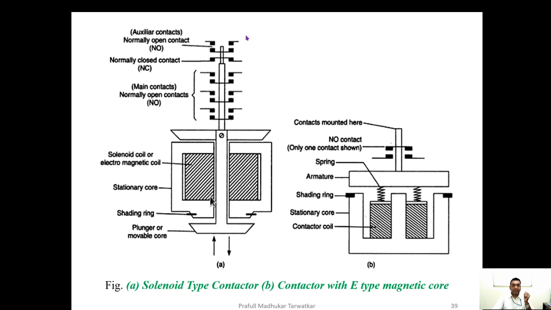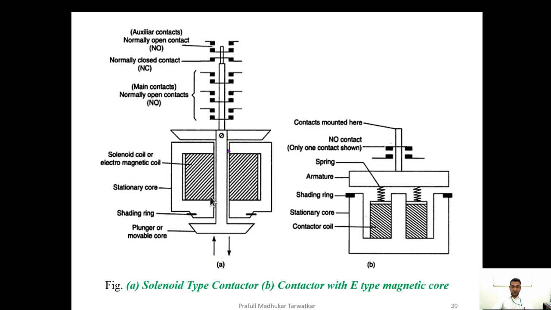Let us see. These are the contacts which you can see here. These are the moving contacts and these are the fixed contacts. Here we have an electromagnetic coil or a solenoid coil. So when the core gets energized, what happens? This plunger is pulled downward like this.